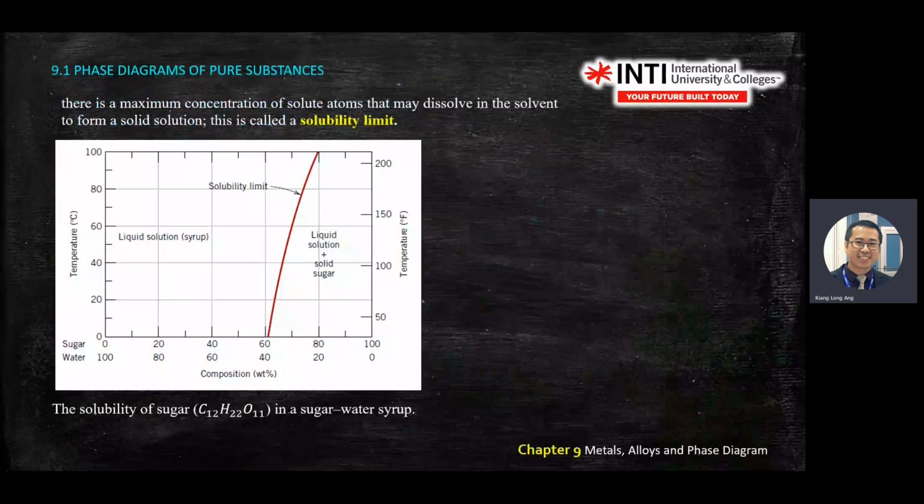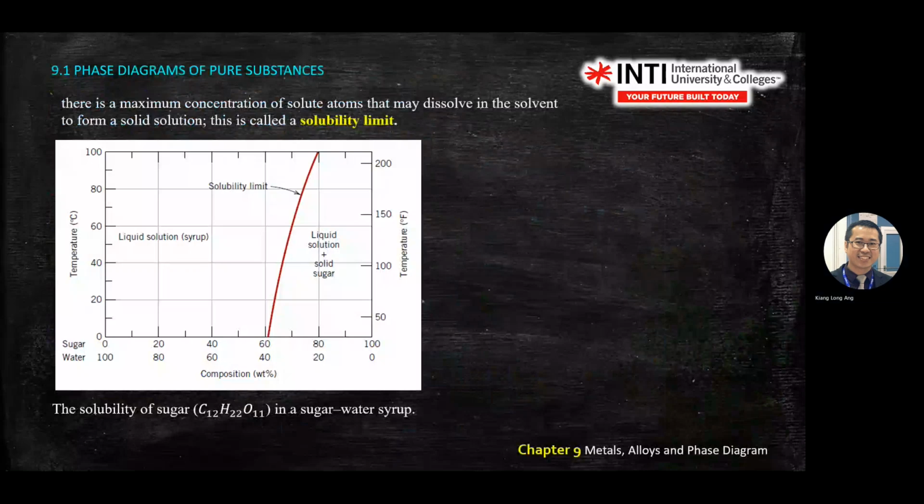When we go into chapter 9, we're more focused on the phase and the composition inside the metal at a certain temperature. So the first technical word is solubility limit. In this graph, you have one red line, the solubility limit. What does it mean?